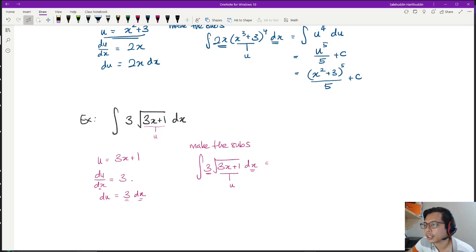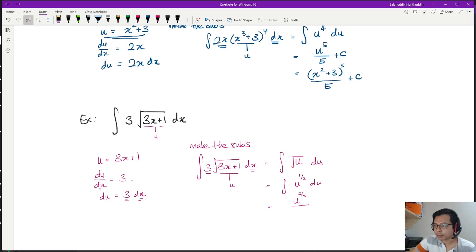So what I've got here is basically just the square root of u du. That will be equal to u to the power of half, and then using the formula, this will become u to the power of 3/2 divided by 3/2, so it will be 3 down here and 2 here.